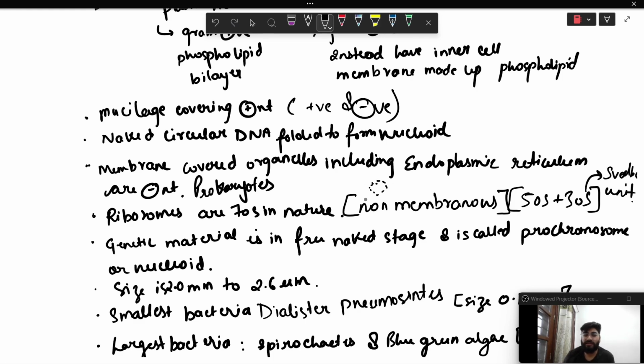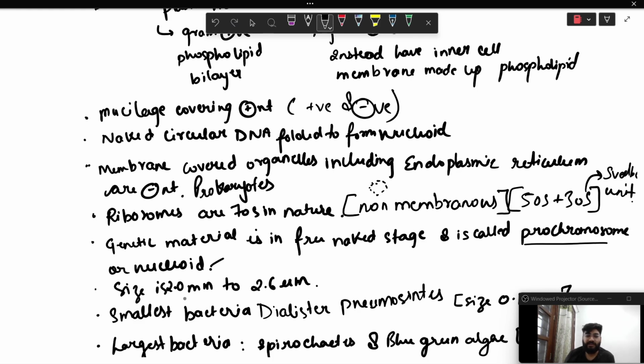That's why they are present in prokaryotes. We'll go into detail about what this 50S plus 30S stands for in a later section of this class. Genetic material is in a free naked state and is also called prochromosome or nucleoid.